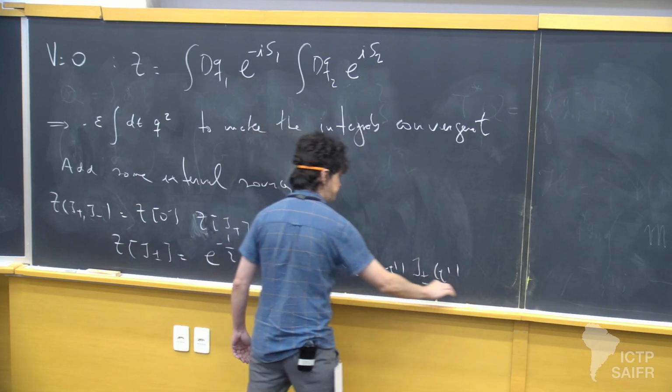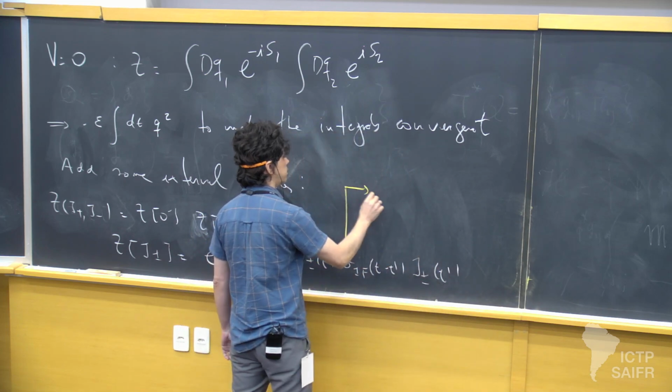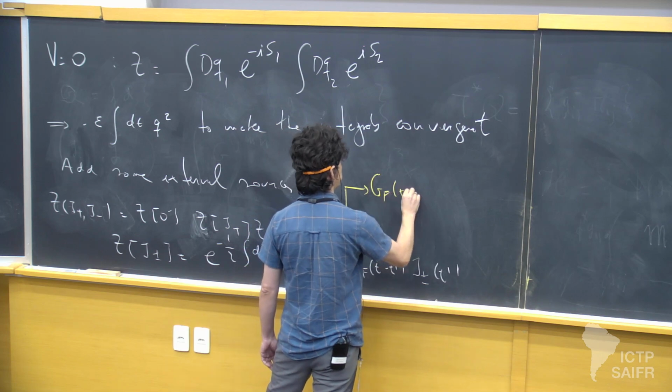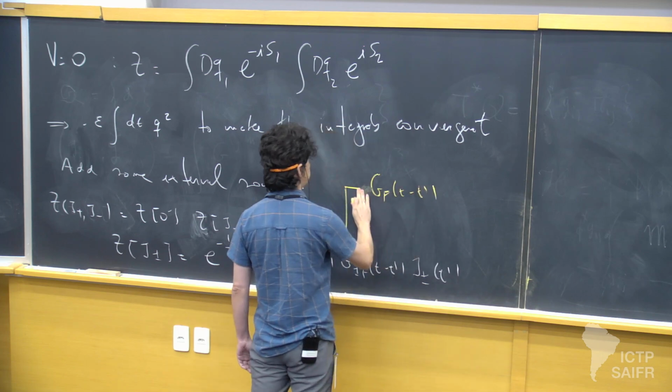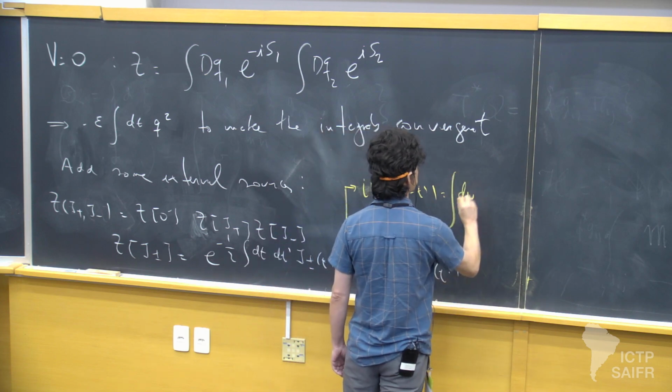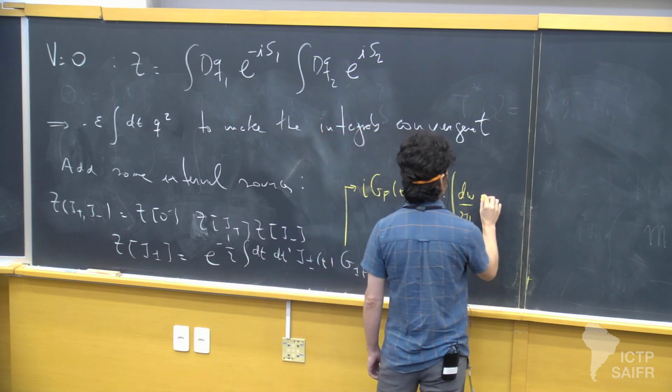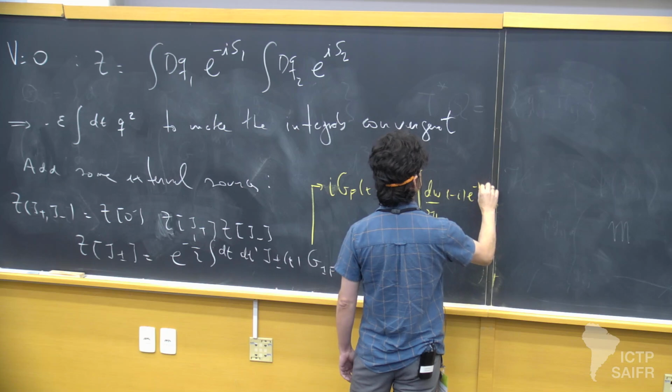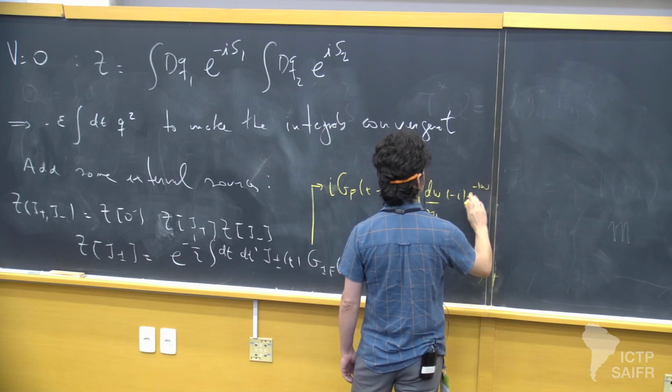And this guy, the propagator, has this form: t plus t prime, an integral over 2 pi, minus i, and a minus i, t minus t prime.